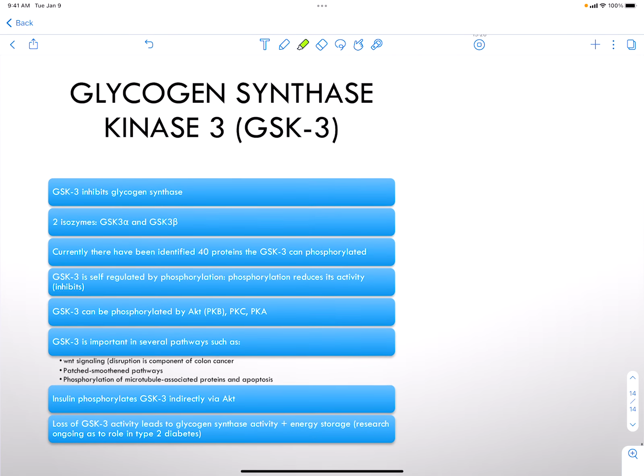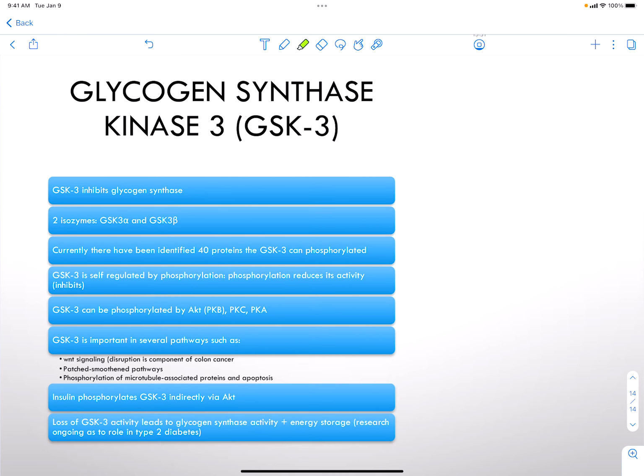So a little bit more about glycogen synthase kinase 3. So glycogen synthase kinase 3 inhibits glycogen synthesis. It adds a phosphate to that synthase and inactivates it. There are two isoenzymes, GSK3A and 3B. There are over 40 proteins that are going to be phosphorylated by glycogen synthase kinase 3.